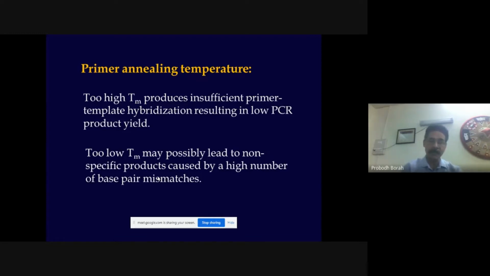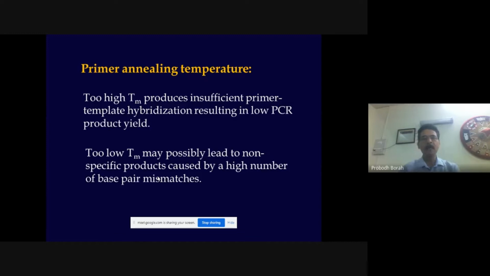55 degrees Celsius. If the TM value is 58, the annealing temperature should be around 55 degrees Celsius. It should be 3 to 5 degrees Celsius below the TM value. Now, it should not be too low and it should not be too high.